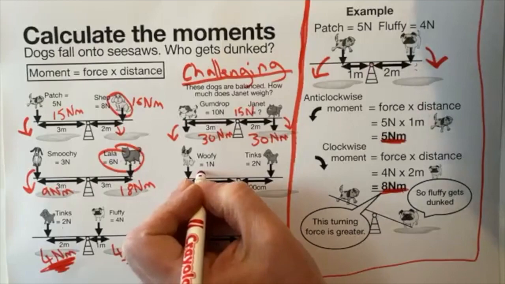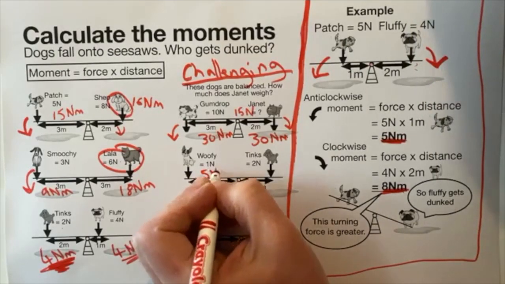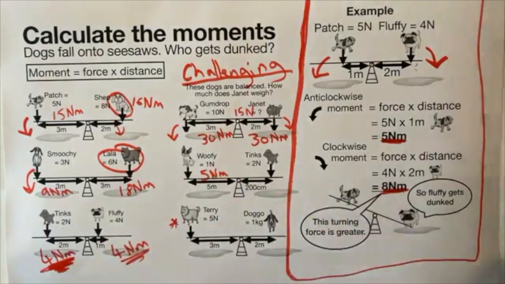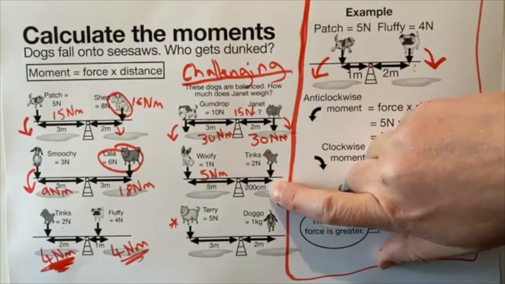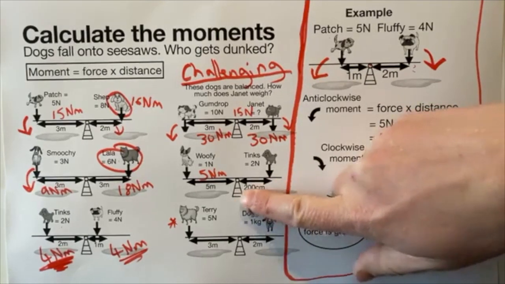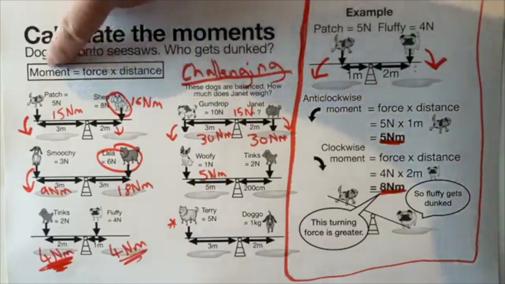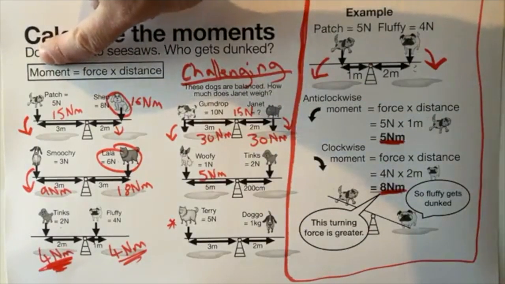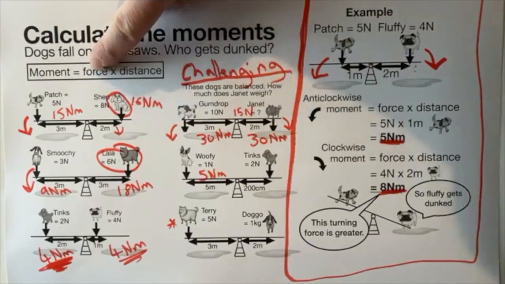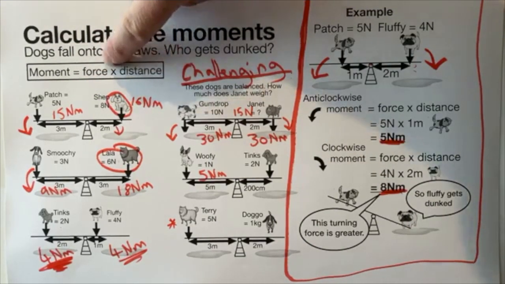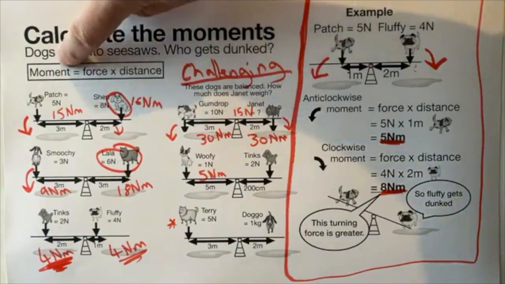Woofy, it was 1 times 5. So 5 newton meters pushing down on this side. But did you notice? That was proper mean of me. It's 200 centimeters. You can't put centimeters into this equation because moments are measured in newton meters. You can't times newtons by centimeters and get newton meters.